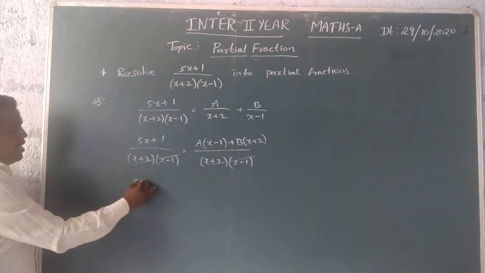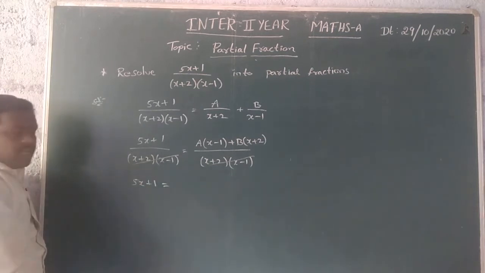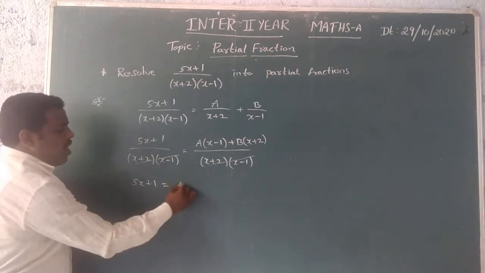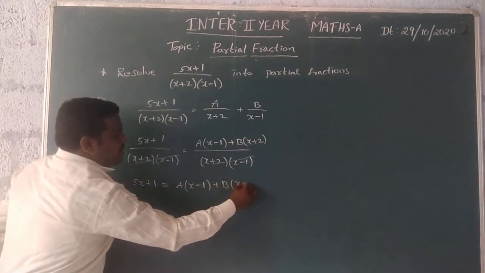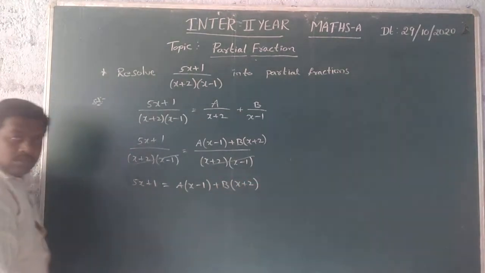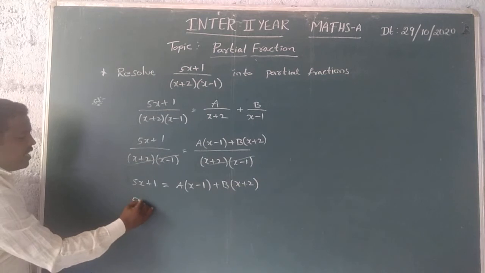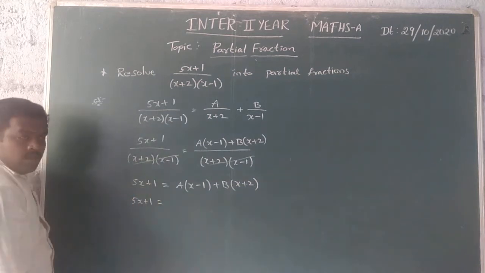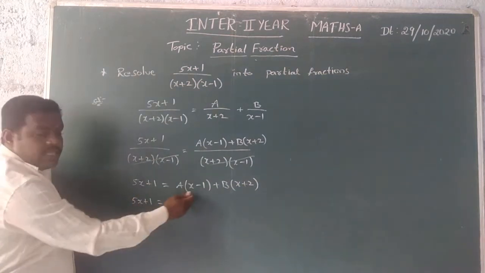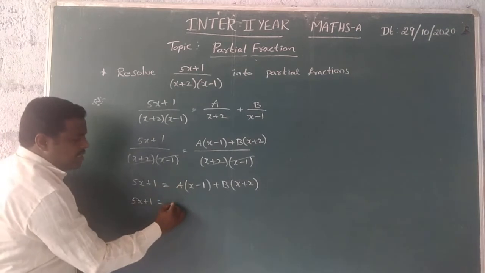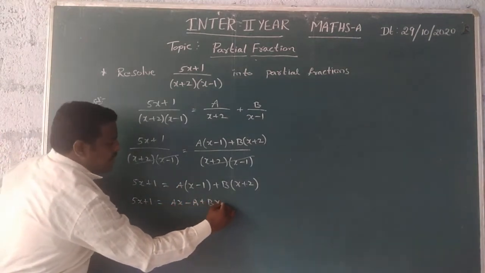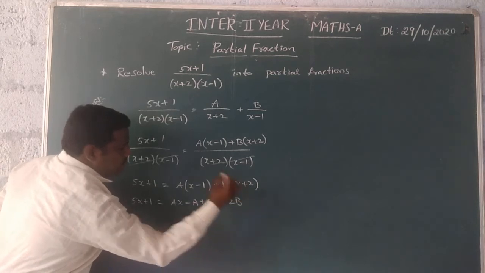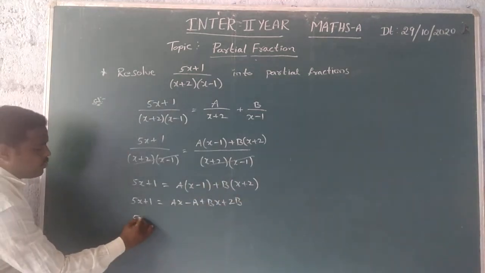Then 5x plus 1 is equal to A of x minus 1 plus B of x plus 2. Simplifying the right side: Ax minus A plus Bx plus 2B.